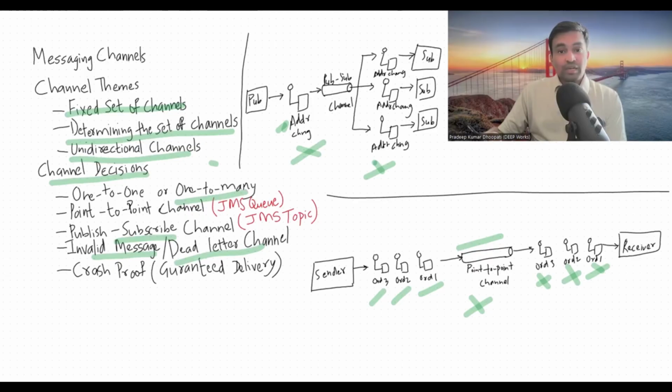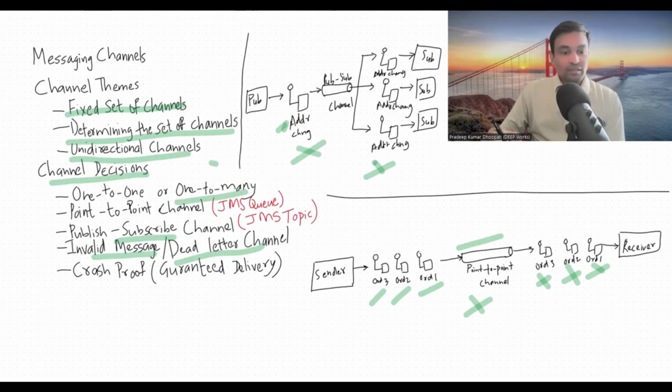Sometimes not only invalid messages, but also weird messages which are not in line with the receiver's expectations will end up on the channels. Those kinds of messages will go to the dead letter channels. So these are some inbuilt, out-of-the-box channels available from different messaging systems.